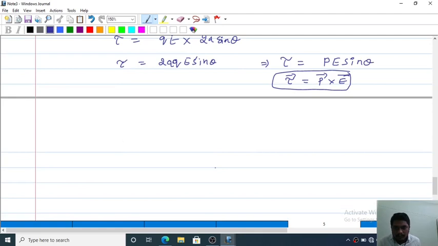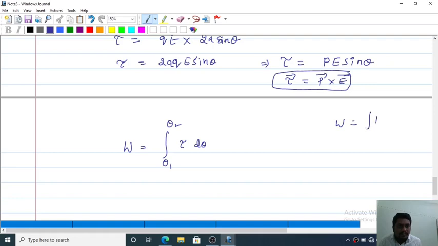Work done in rotating the dipole against the torque is given by the integral of tau d theta. Generally the force expression is F dx, but this is rotational motion. In place of force we have tau, in place of linear displacement we have d theta. That is the only difference.